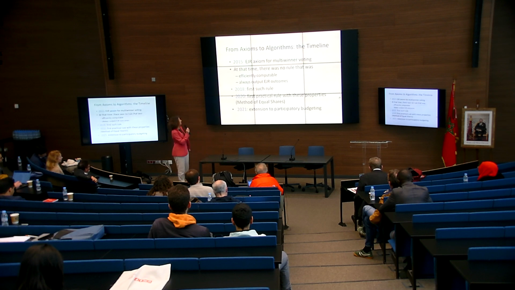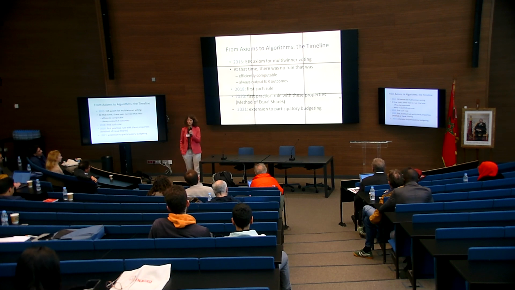And now let me give you a timeline. 2015 was the year when the extended justified representation axiom was proposed in the multi-winner voting literature. At that time, the axiom was proposed, but there was no voting rule that would satisfy that axiom and was efficiently computable.